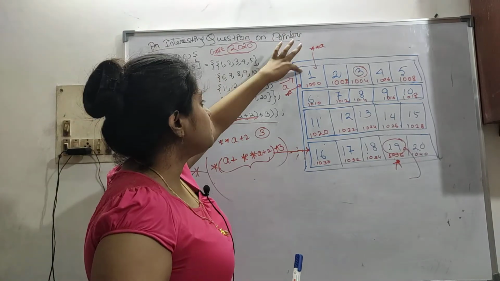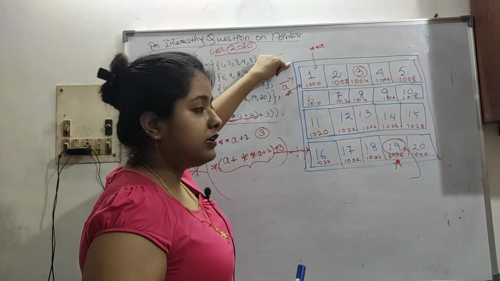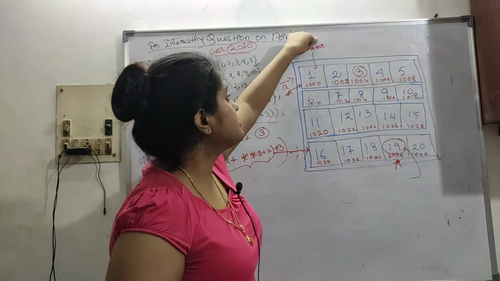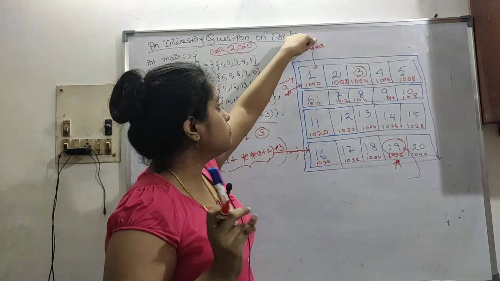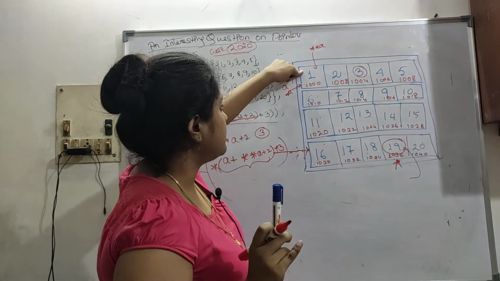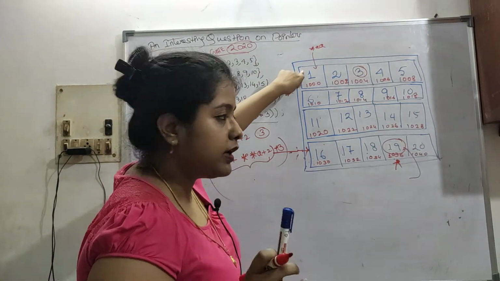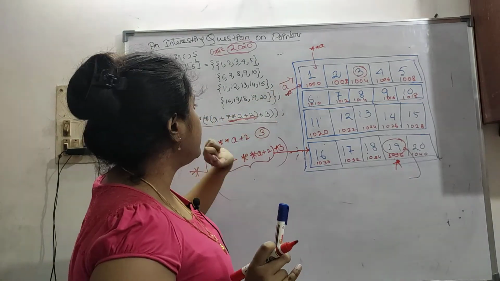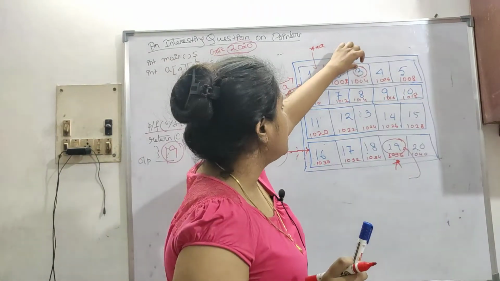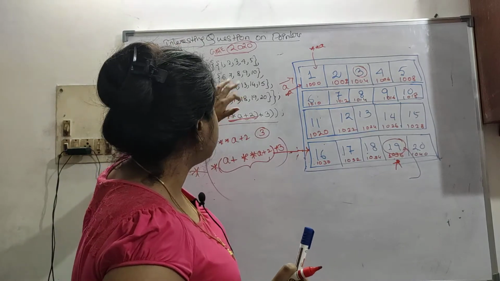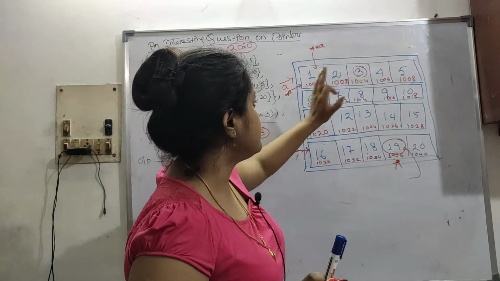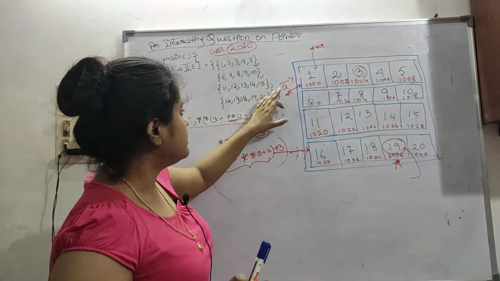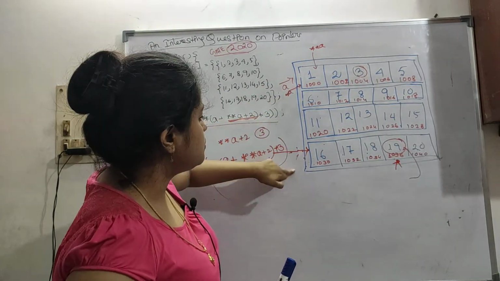I will tell you again. a was pointing first outside, then star a means we are going inside the 1D array, then again star. Since it is a 2D array, 2 stars are needed. So we are pointing to 1, value 1, not 1000, value 1. Now we add plus 2: 1 2. Mentally think that the whole thing is replaced by 3. So now a + 3, just a + 3: 1 2 3.